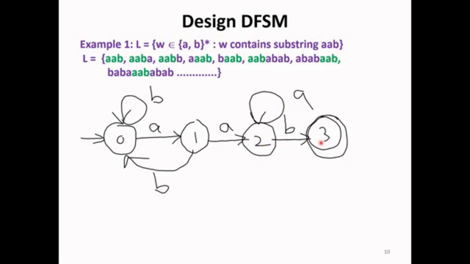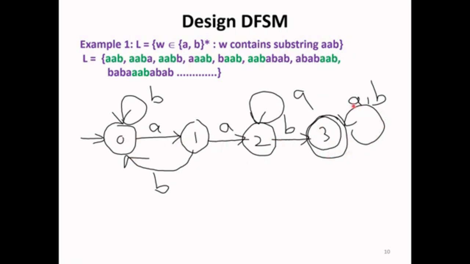Coming to state 3. For state 3, can I take a self loop for both A and B? Yes, I can. Why? Because the language states it must have the substring AAB. I have a substring AAB reaching the final state.